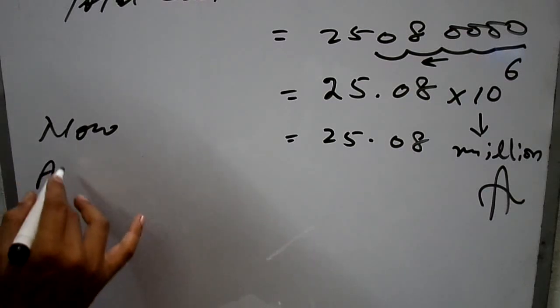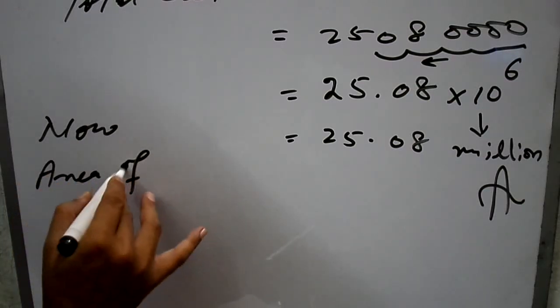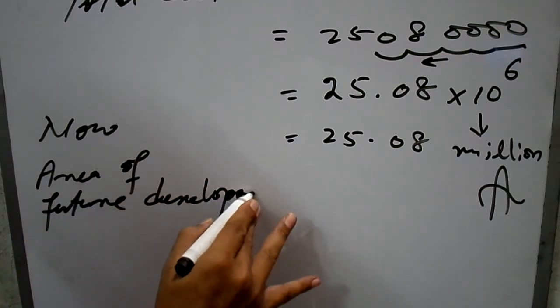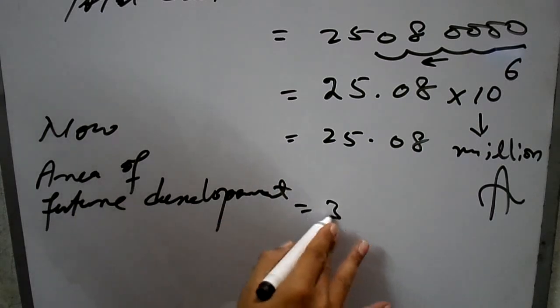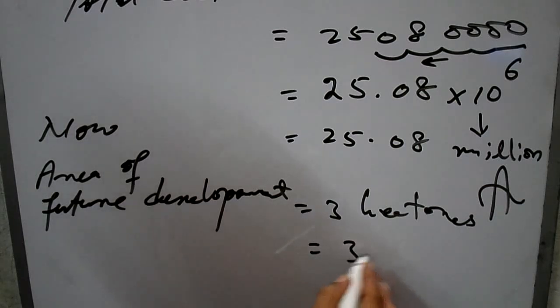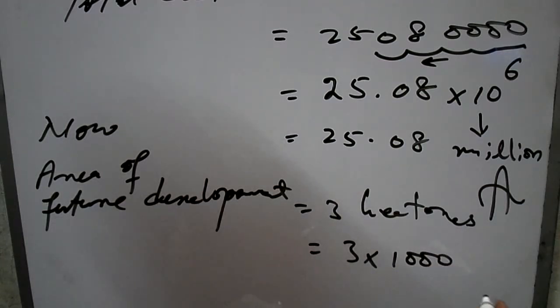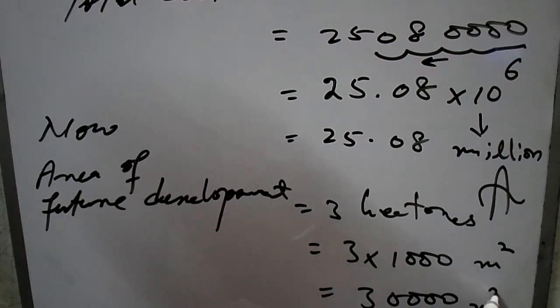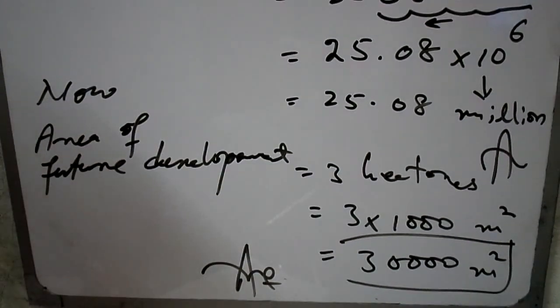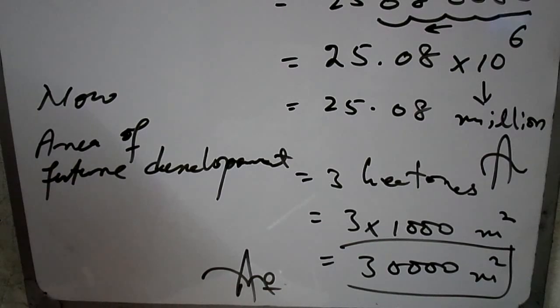So 3 into 10,000, because it should be converted into meter square, so you will get 30,000 meter square. That is your required area if you are given 3 hectares. So that is your result.